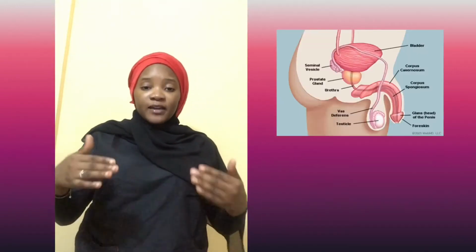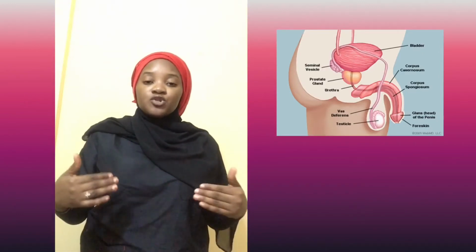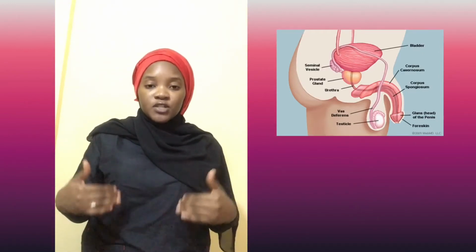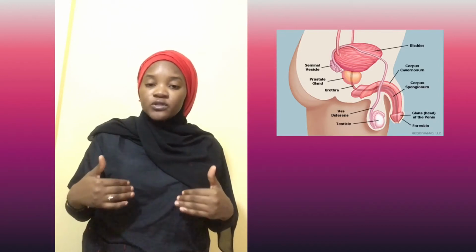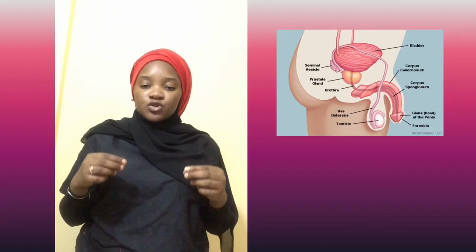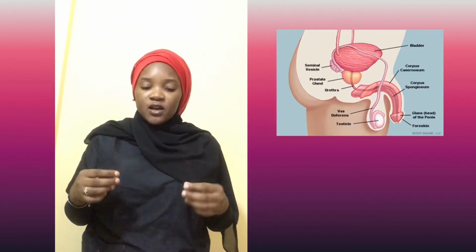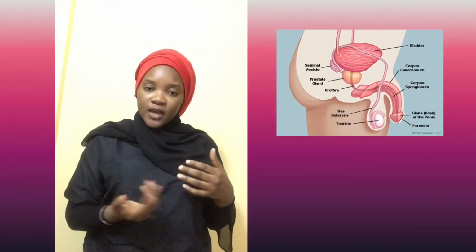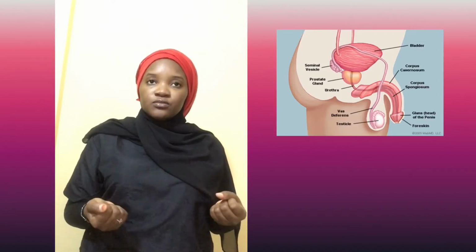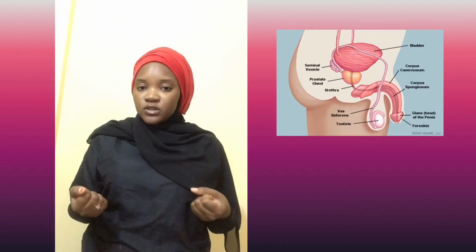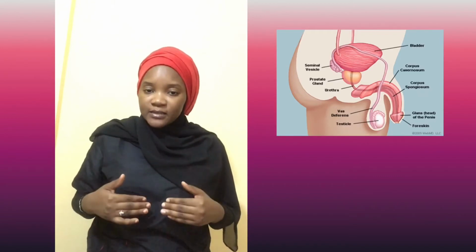And then behind this penis there is a structure known as the testicle, or testis. These are two structures which are carried by a sac, known as the scrotal sac. They are behind the penis.